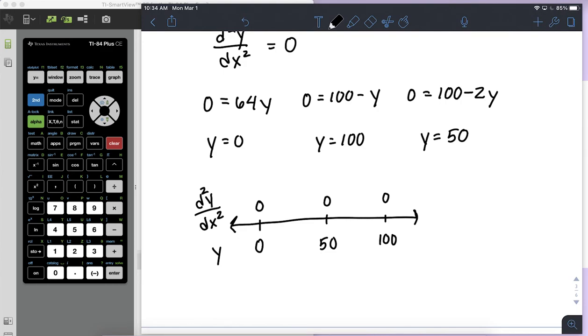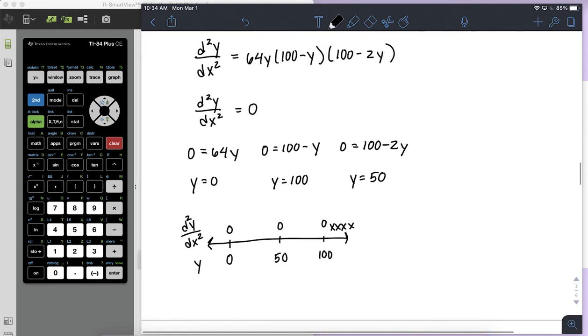So now before we start plugging in values between each of them, the limiting factor of the system, the L value, is 100, which means that I'm never going over 100. So I don't even have to bother testing that part of it. Okay, if I plug in a number to the left of 0, if I look back at my factored form, I'm going to get a negative number times a positive, so this is going to be negative.